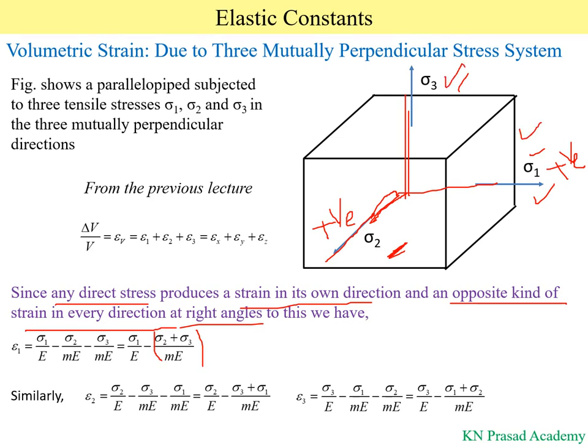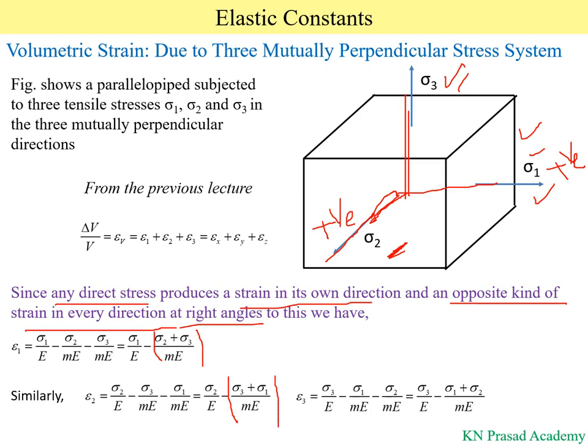Then we have to take the minus symbol for the sigma 1 and sigma 3 directions, that is minus sigma 3 divided by mE minus sigma 1 divided by mE. So epsilon 2 equals sigma 2 by E minus of sigma 3 plus sigma 1 divided by mE.